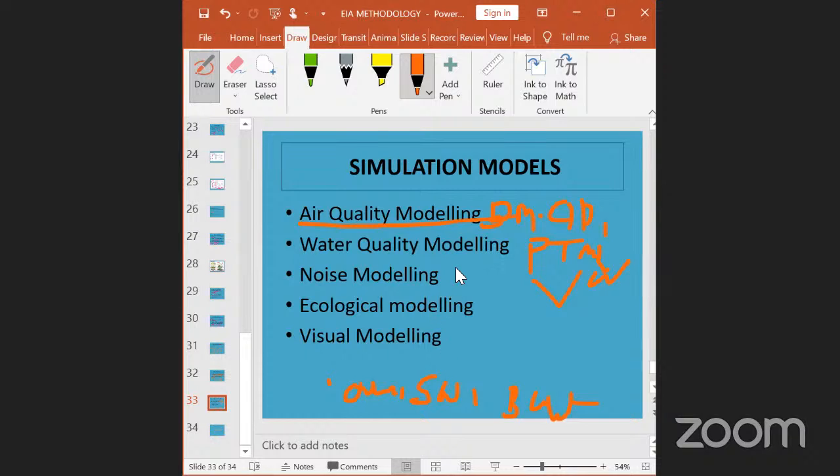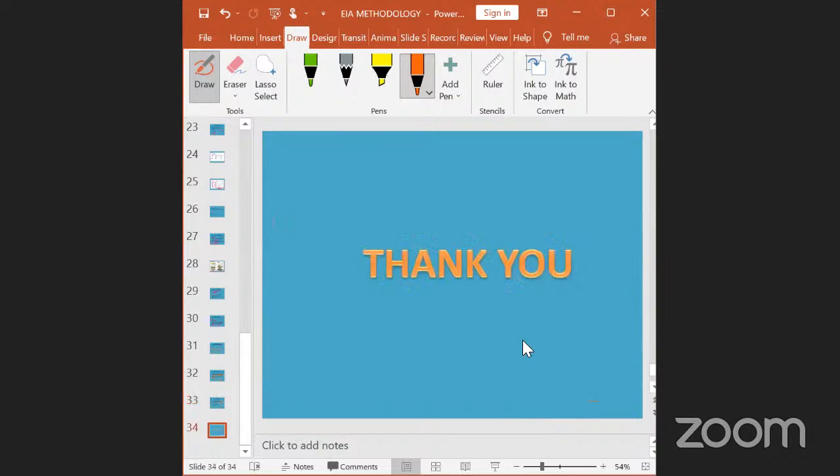And noise models are the highway noise model and attenuation model, and there are also ecological models and visual models. So these models are very expensive, but we will get accurate results, right? So these are the EIA methodologies.